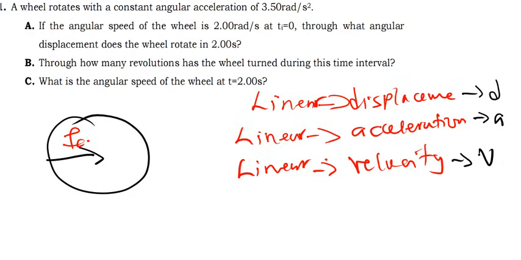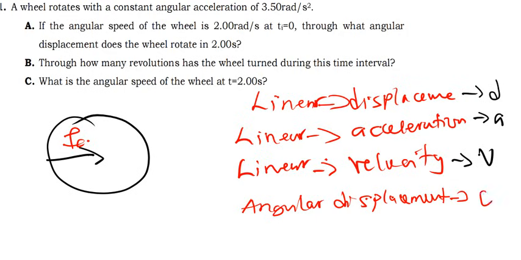So now when I go back to circular motion, linear displacement, we call it angular displacement, and it is represented by theta. This theta is the same angle, you know. That's angular displacement.